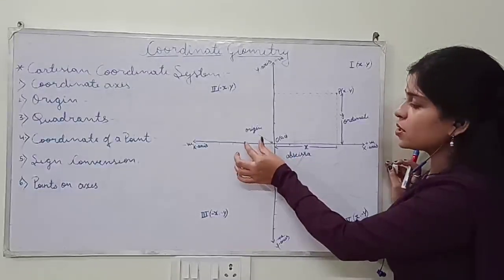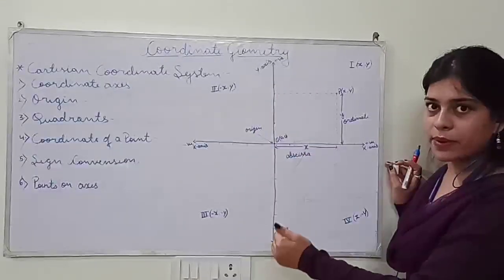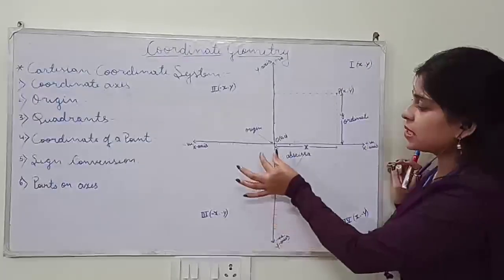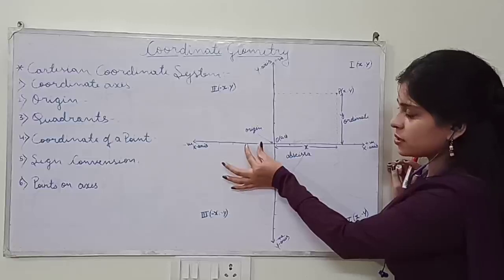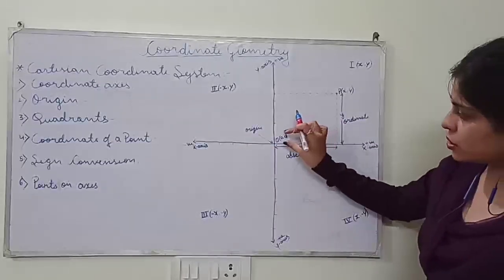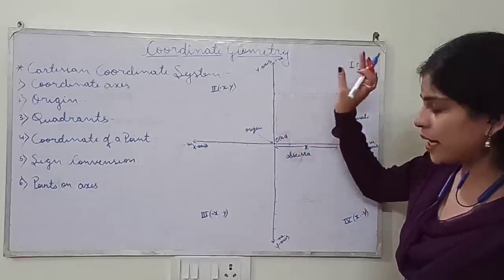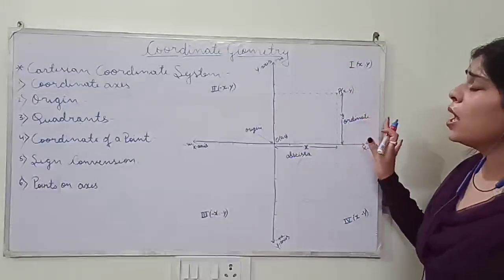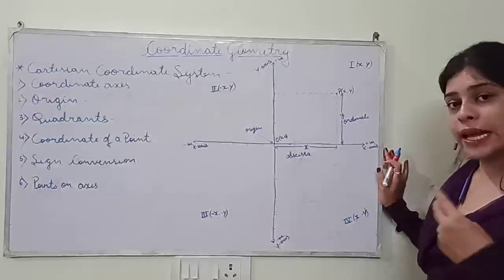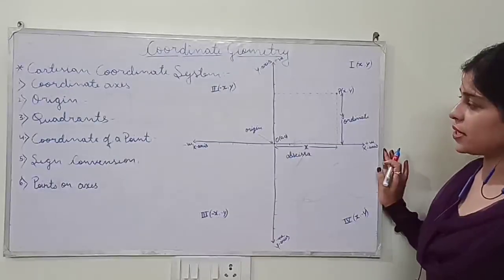These numbers in the Cartesian system are termed as units, which means this is 1 unit, this is also 1 unit, 1 unit, 1 unit, and on the vertical axis also this is 1 unit, 1 unit, 1 unit and so on.